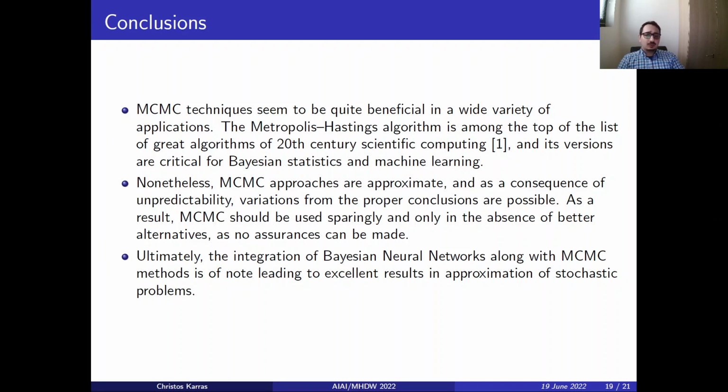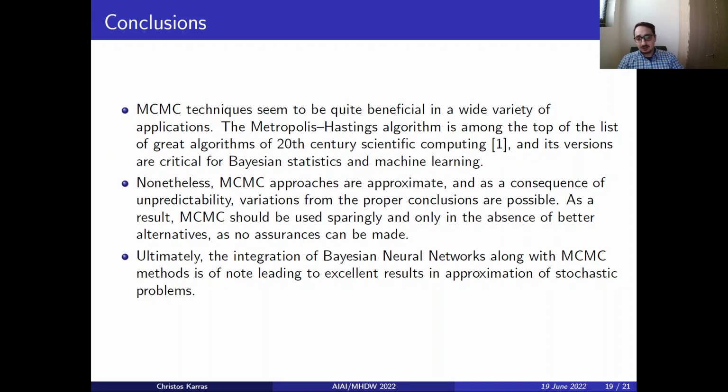However, Markov Chain Monte Carlo approaches are approximate, and as a consequence, sometimes they are not 100% accurate. As a result, Markov Chain Monte Carlo techniques should be used sparingly and only when there are no better alternatives.